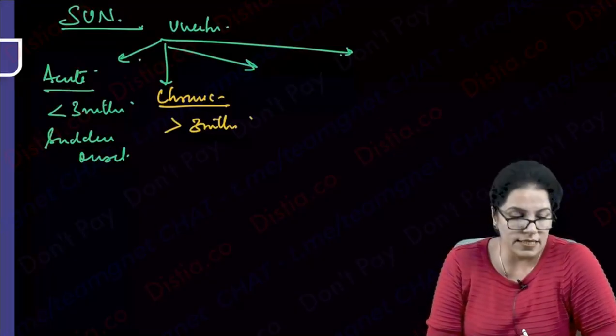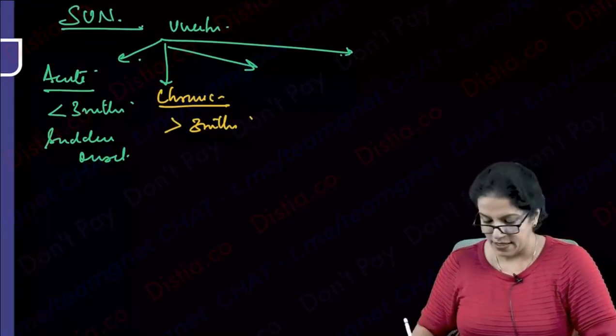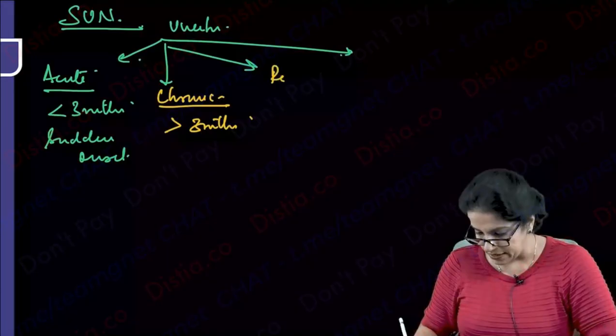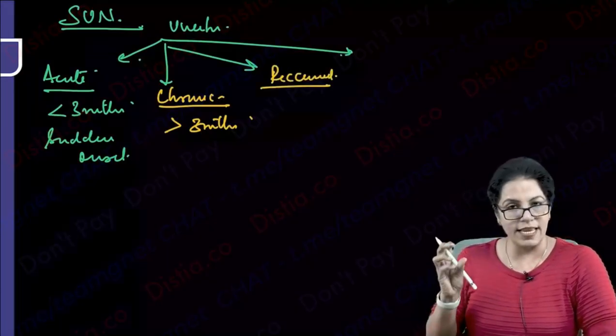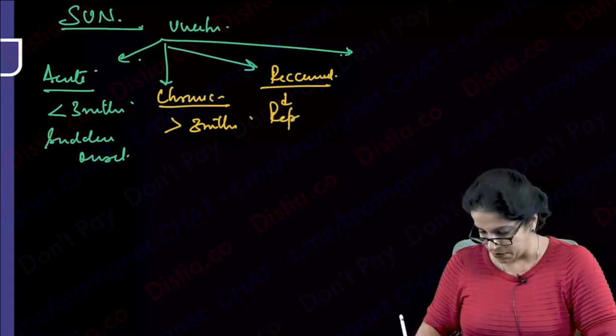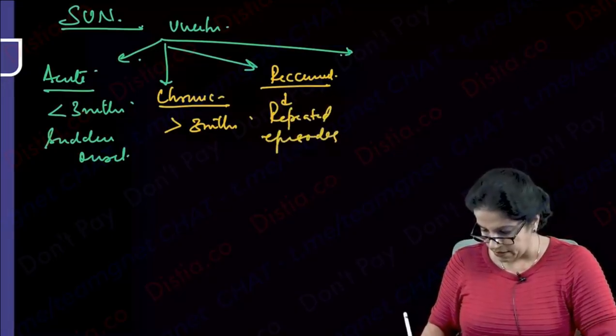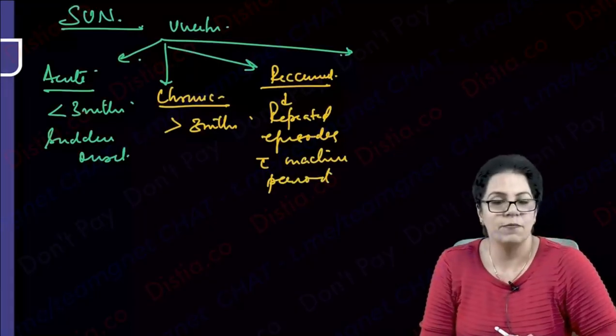That means persistent duration of more than 3 months is chronic uveitis. And let us learn here, recurrent means repeated episodes with inactive period in between. That is recurrent.